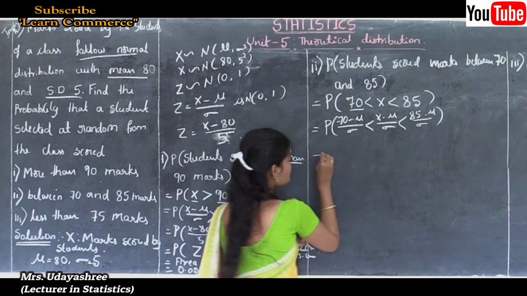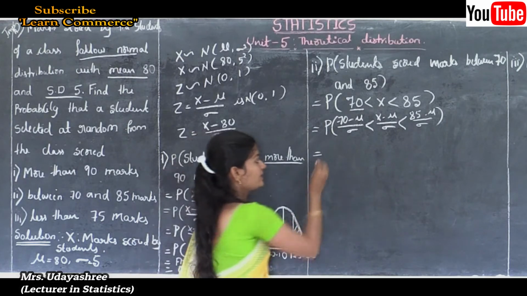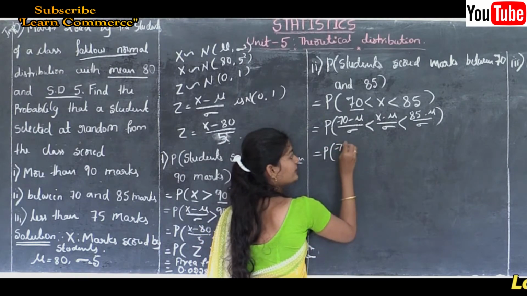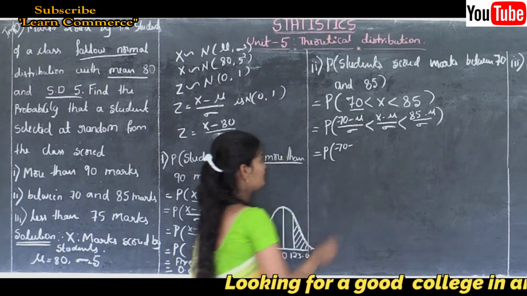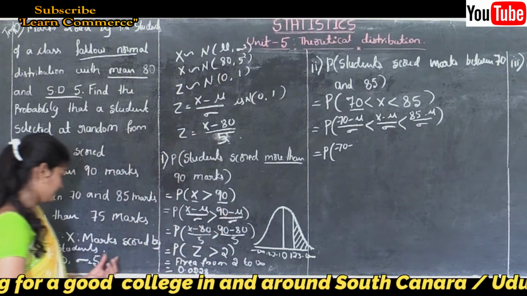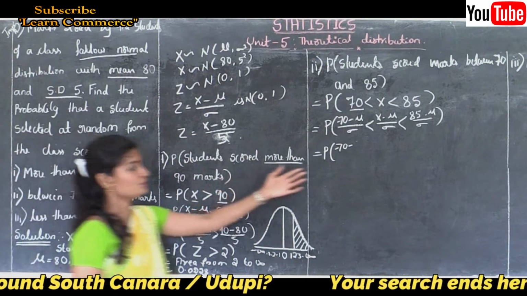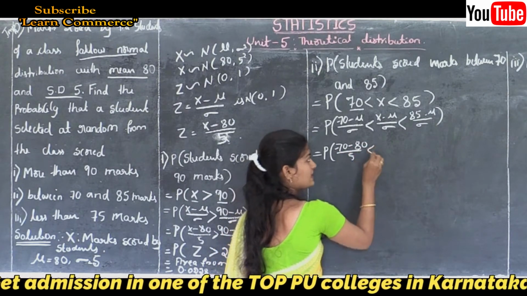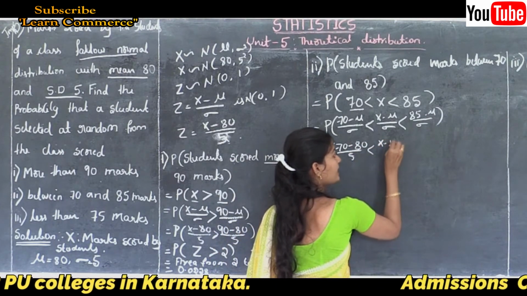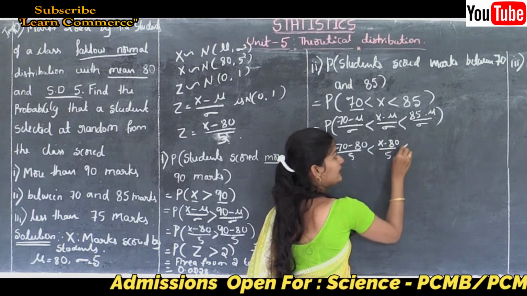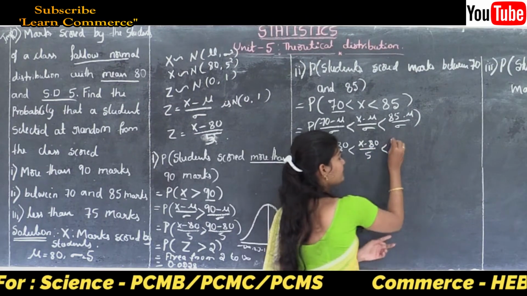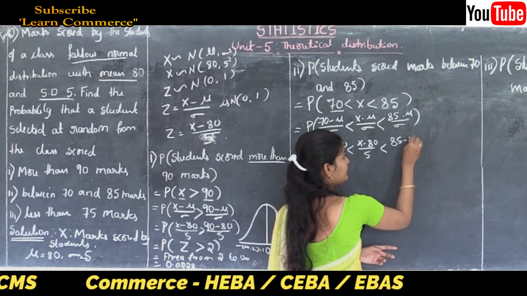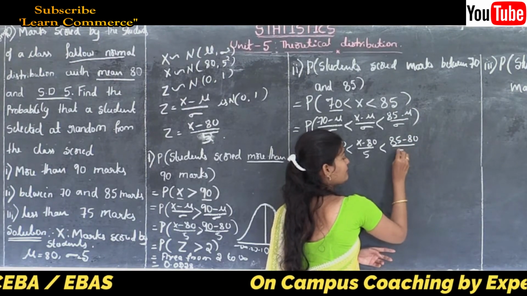Now I will substitute the mu and sigma values here. Mu is 80. So the probability of 70 minus 80 divided by 5 less than x minus 80 divided by 5 less than 85 minus 80 divided by 5.